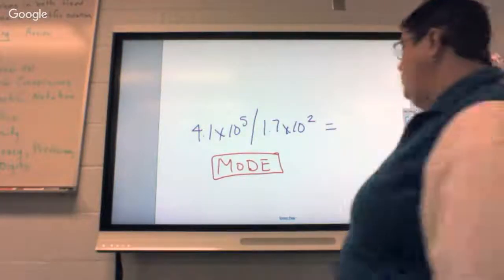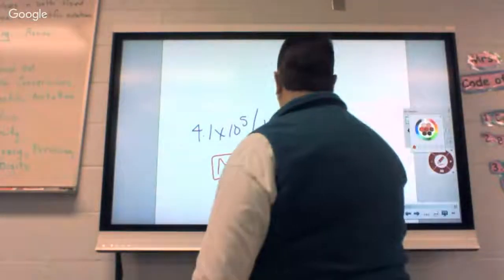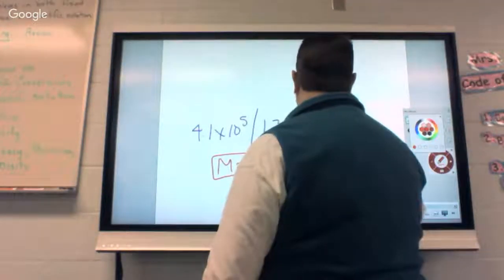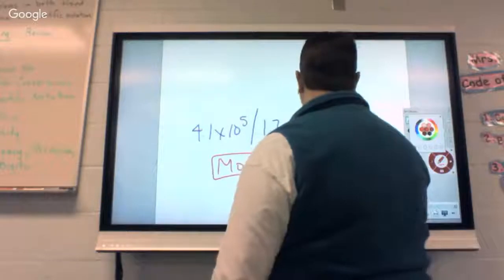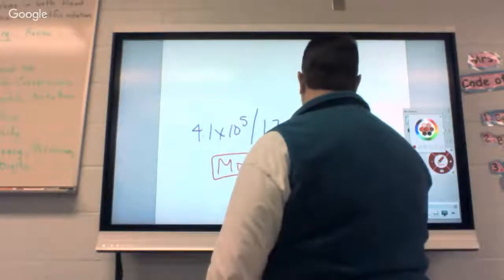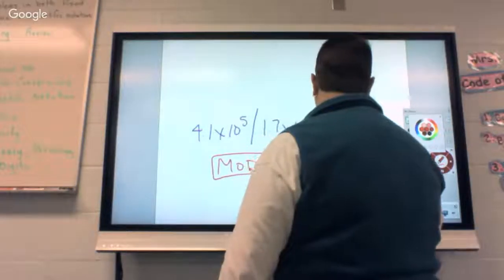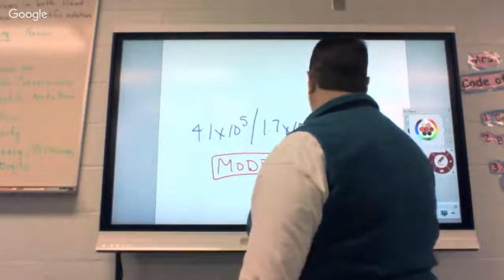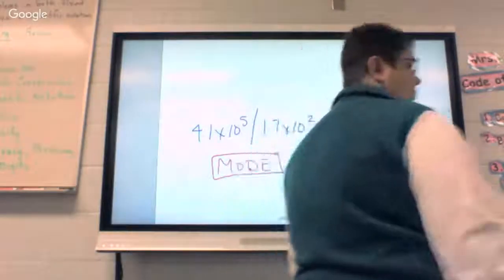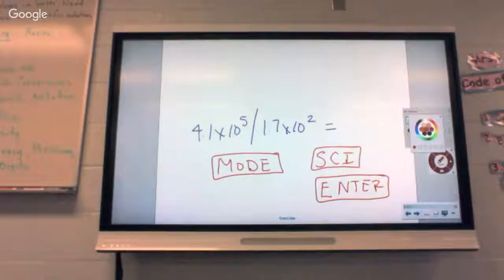You push the mode key, then use your arrow and go over to sci, and then hit enter. Anything happen? You got to clear it off the calculator.